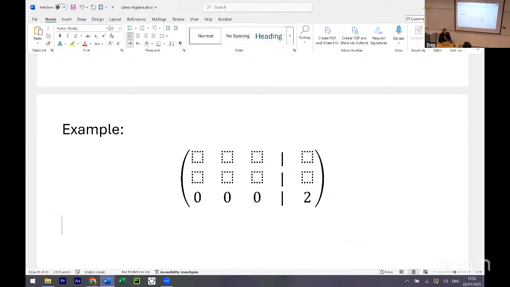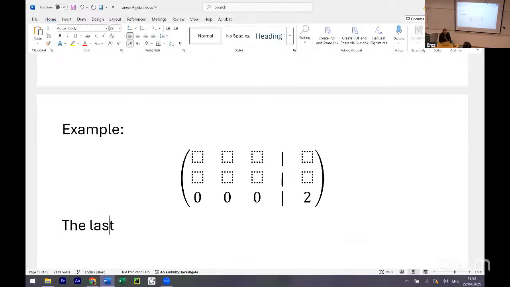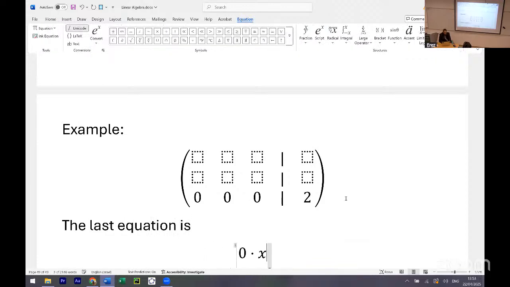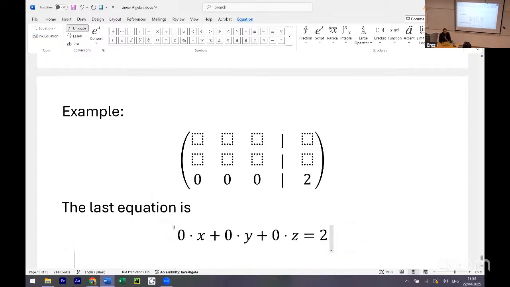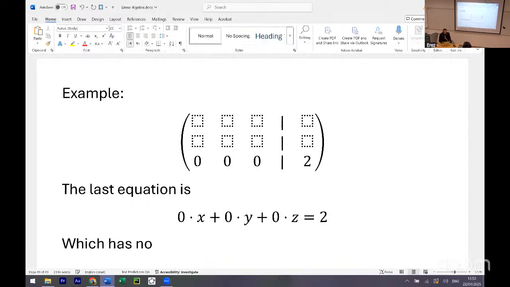So the equation, and it doesn't matter what the entirety of the matrix is, the last equation is 0 times x plus 0 times y plus 0 times z equals 2, which has no solution.